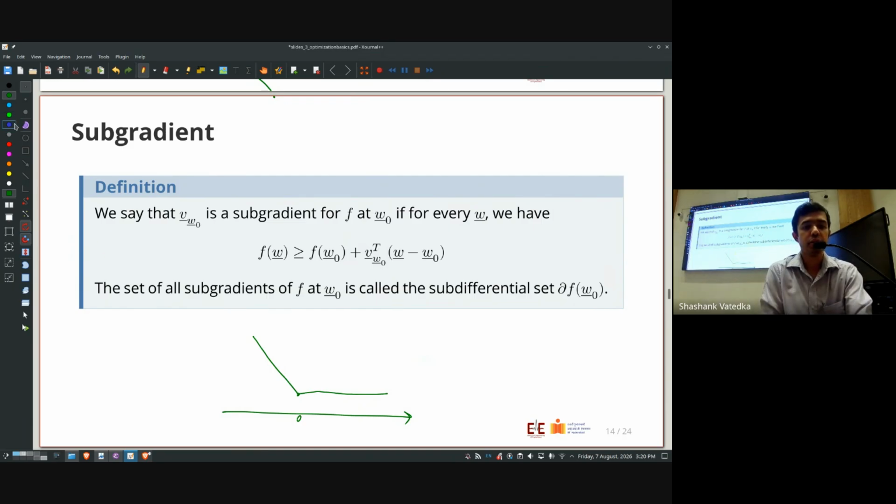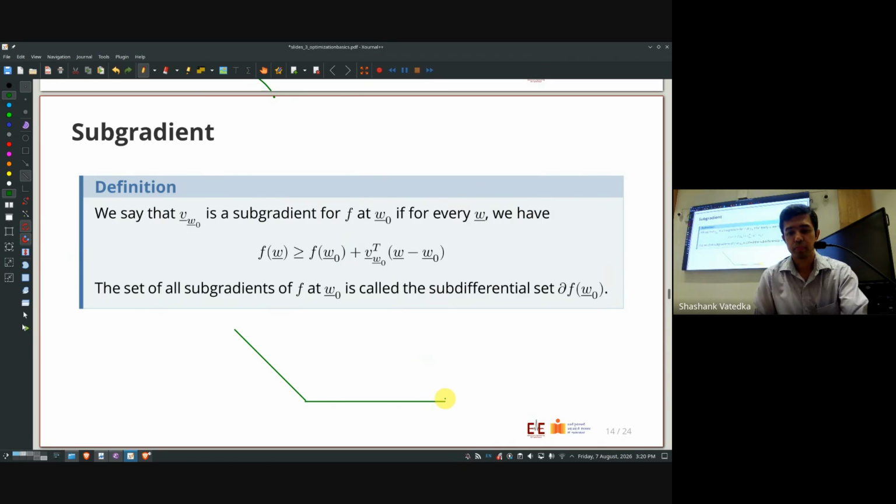But then if I look at the so-called tangent line, the question is, is it possible to construct a line that is passing through any one of these points which lies strictly below the curve itself, the function itself?